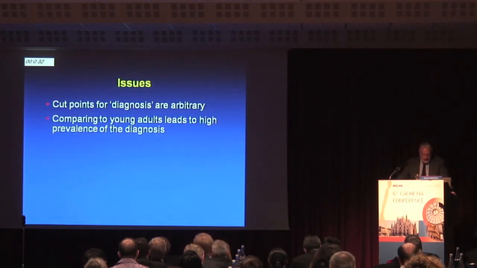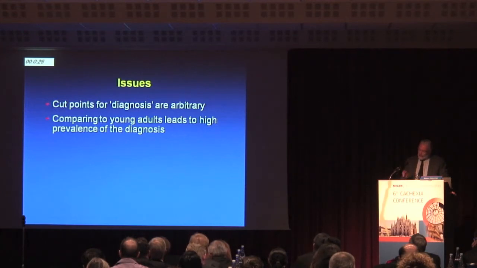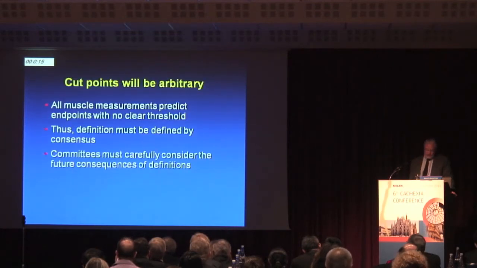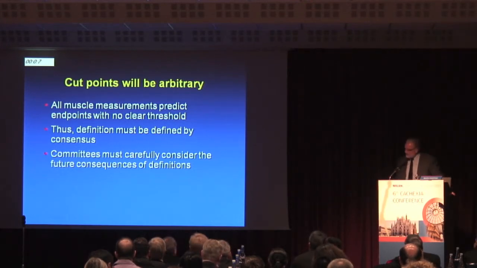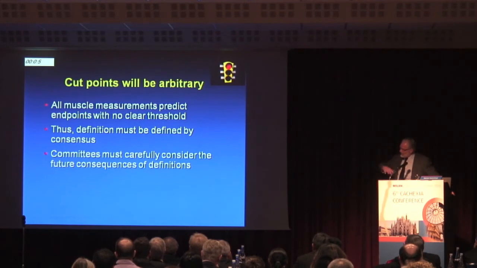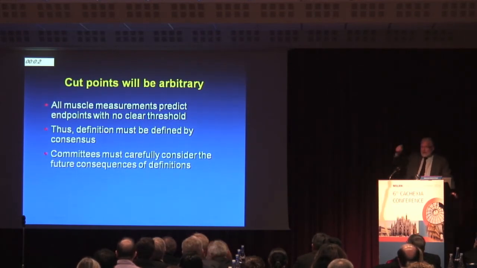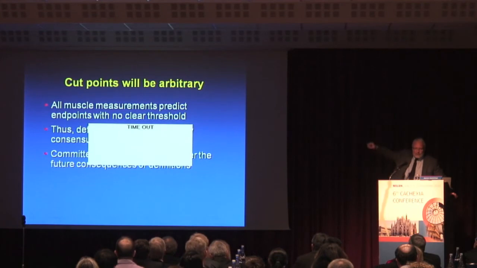Okay, issues. Cut points for diagnoses of sarcopenia will necessarily be arbitrary, and comparing to young adults' muscle measurement as the basis for the diagnosis will lead to a high prevalence of the diagnosis in young people. The reason that cut points will be arbitrary in the sarcopenia field is that all muscle measurements either have no relationship at all to subsequent disability, or they have the same continuous graded response with no apparent biological threshold.